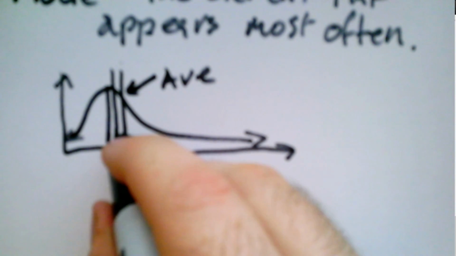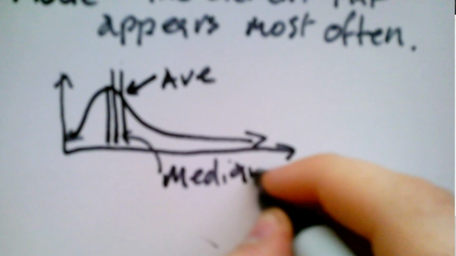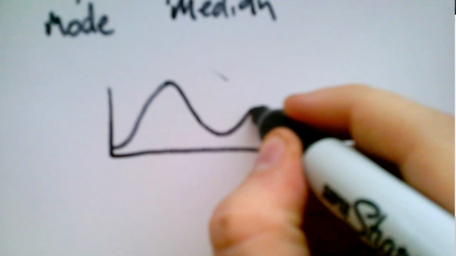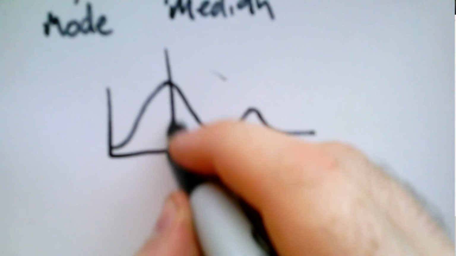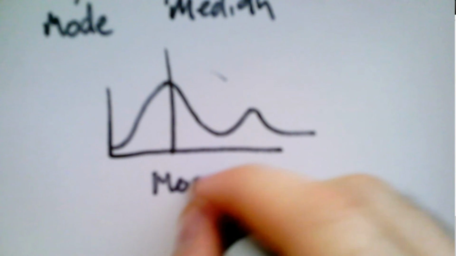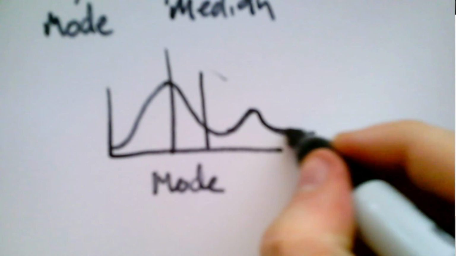This is the median. And this is the mode. So on a weirder looking distribution, let's say we have something that looks something like this. Okay? So this is going to be the mode. The average is going to be pulled significantly up here because of all of the weight that's high up from the mode.